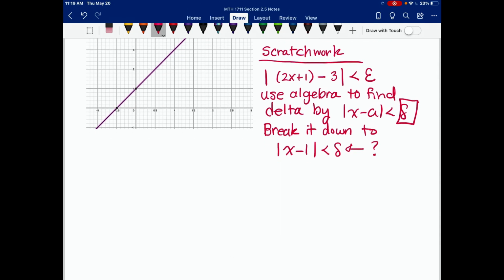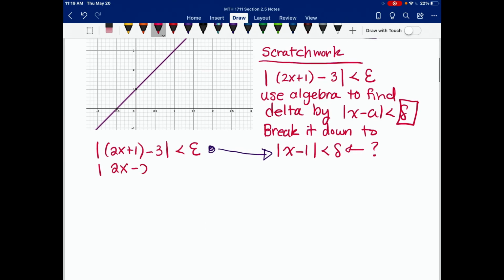Okay, so over here, we're going to have the absolute value of 2x plus 1 minus 3 is less than epsilon. Now I want to somehow rearrange this statement so I get something that looks like this. So I'm going to combine and simplify. 2x plus 1 and subtract 3 gives me 2x minus 2 when I combine the 1 and the minus 3.